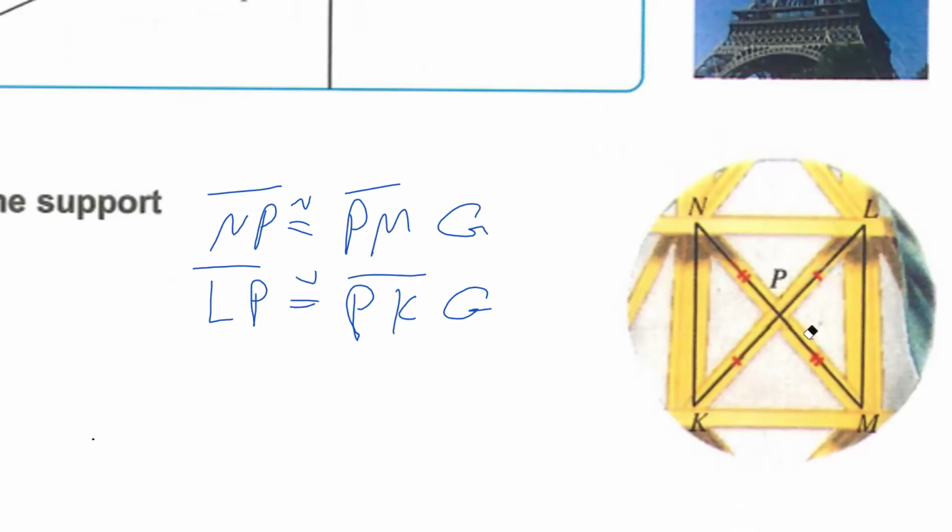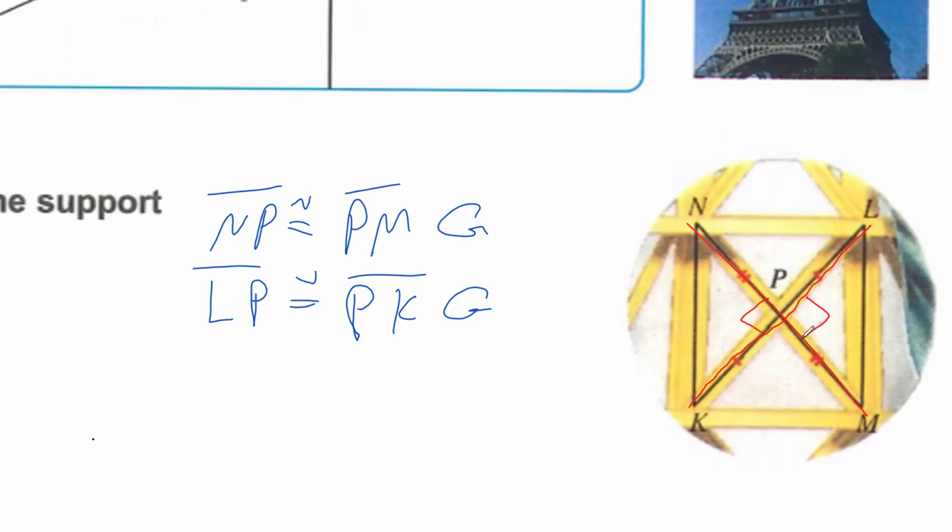Then we already studied something. We said if two lines cut each other. So let's see if we have two lines cutting each other or not. We have the first line and that's the second line. Do these two lines cut each other or not? Yes. Because they cut each other, the angles which are opposite are congruent.